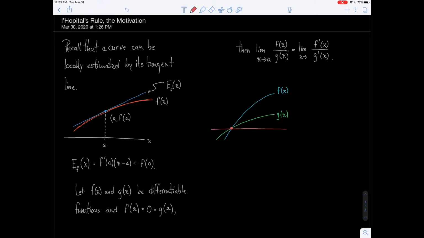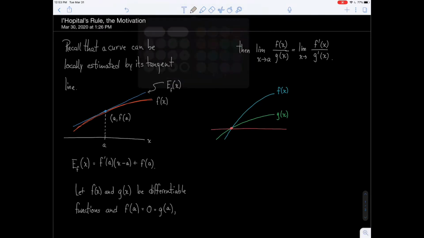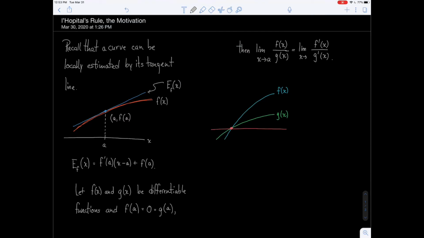Now, remember, we can estimate both of these curves, and our approximation is pretty close. Let's come back over here to our approximation curve.